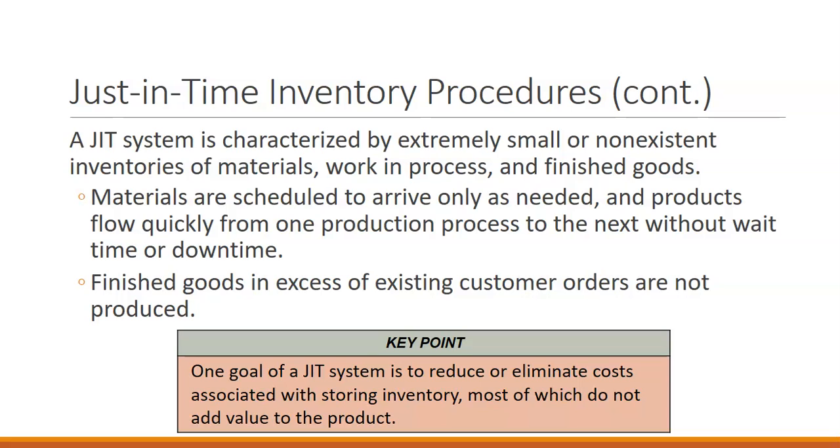The goal of a just-in-time inventory system is to eliminate costs associated with storing inventory, because storing inventory is not a value-added activity, but it is a costly activity. Maintaining warehouses and keeping inventory safe from theft and spoilage is a costly process.